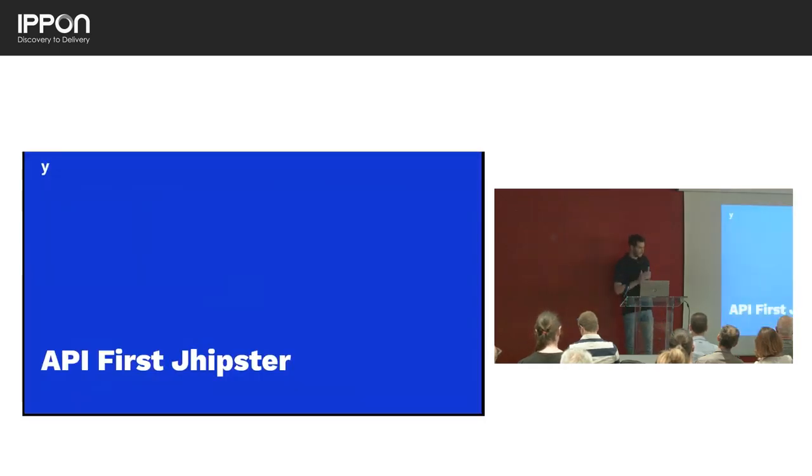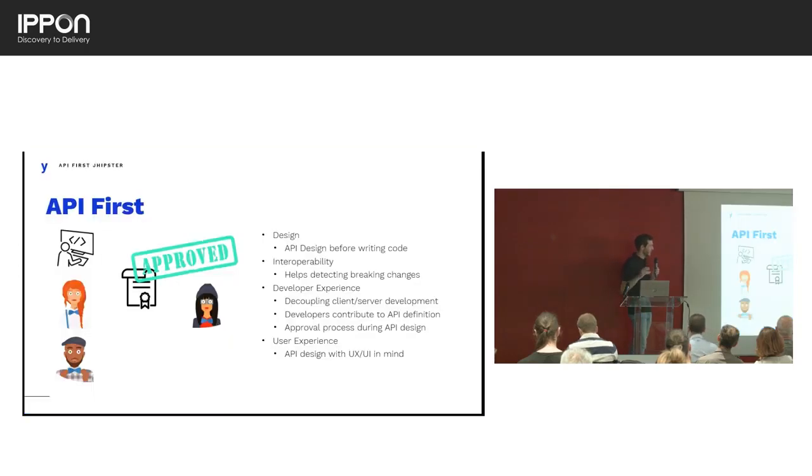And API First JHipster can somehow help you. Before talking about API First and JHipster, the benefits of having API first are mainly because you put design in the first place, you have interoperability, and you improve developer experience because you decouple client-server development. There is an approval process during API design. What we do actually for big projects is version our JSON and YAML files, and everybody can contribute.